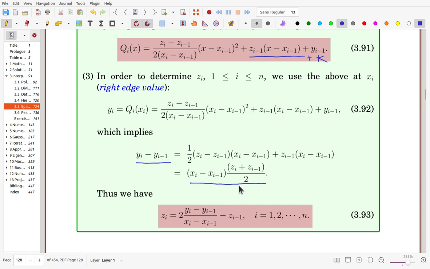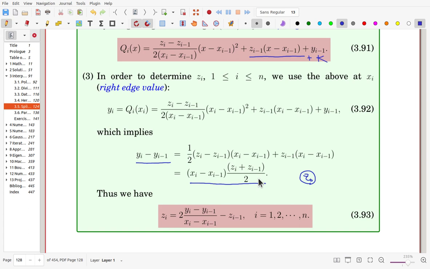Now, if we assume z0 is given by the user, then we can solve this for zi. When i equals 1, that will be z0, everything is known, and we can get z1. By using z1, we can get z2, and so on. If we specify zn, then this equation can be solved for zi minus 1, so that in decreasing order you can get the zi's.